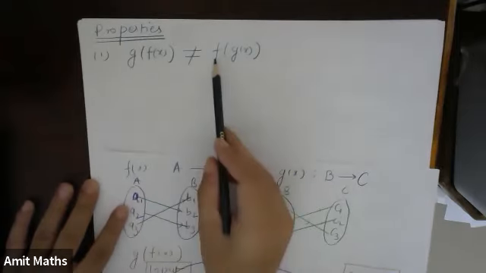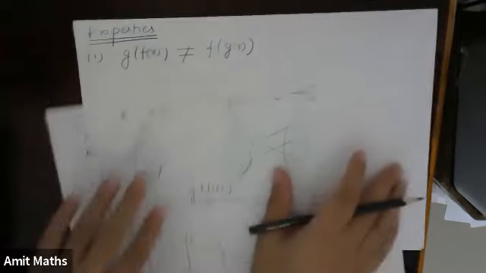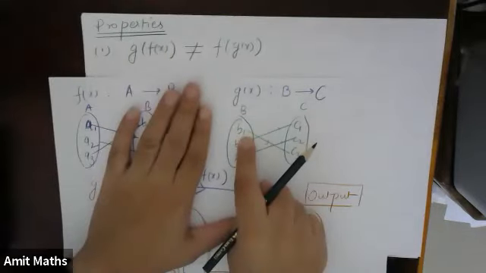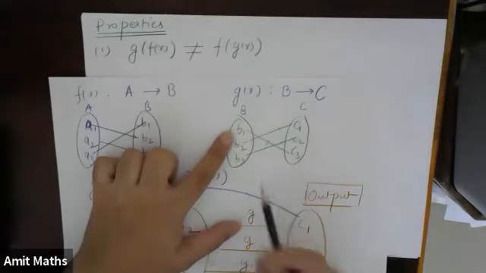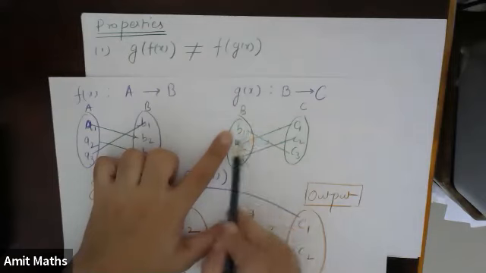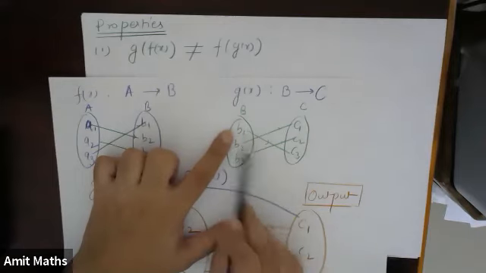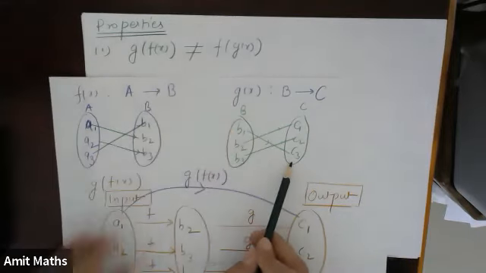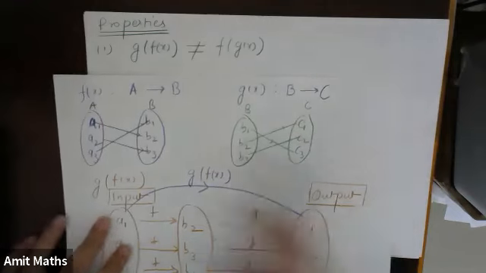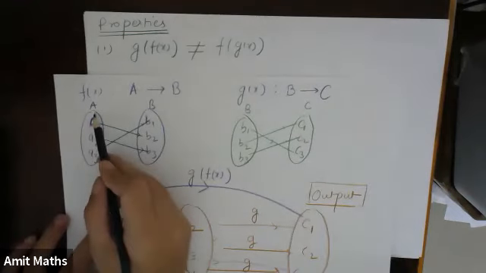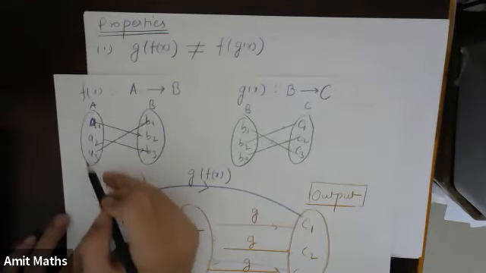First the input will be taken from g. Suppose x is b1. b1 will give me c3.